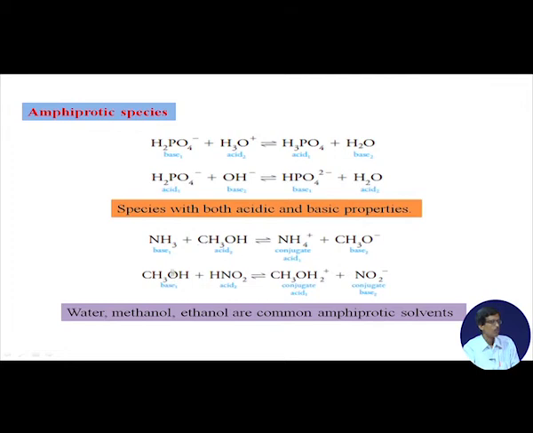With respect to your methanol molecule, if we consider that both these methanols are your solvent, in one case it functions as an acid and in another as a base, because of the presence of ammonia, which is a strong base compared to methanol, and nitrous acid, which functions as an acid. Ammonia can be liberated from another source, or nitrous acid can be prepared in situ from the solution. So the character of methanol, which can be a solvent also, can change very quickly from one form to the other.